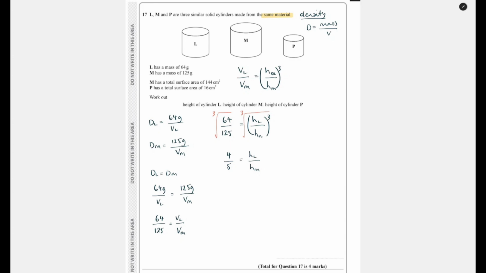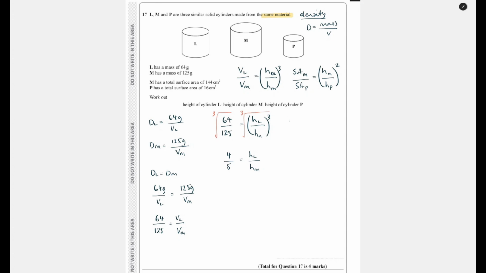Now all we need to do is work out the ratio for the height of cylinder P. To do that, we're going to look at the areas of M and P. So using a similar concept, we know that the surface area of M over the surface area of P is going to be just the height of M over the height of P, but this time squared, as area is base times height.